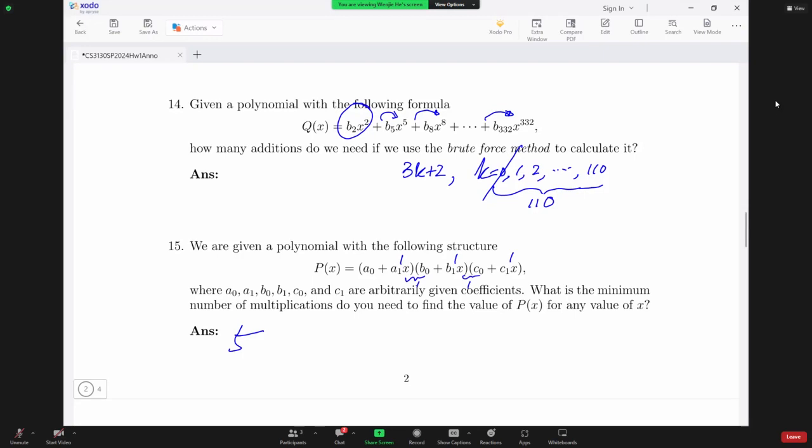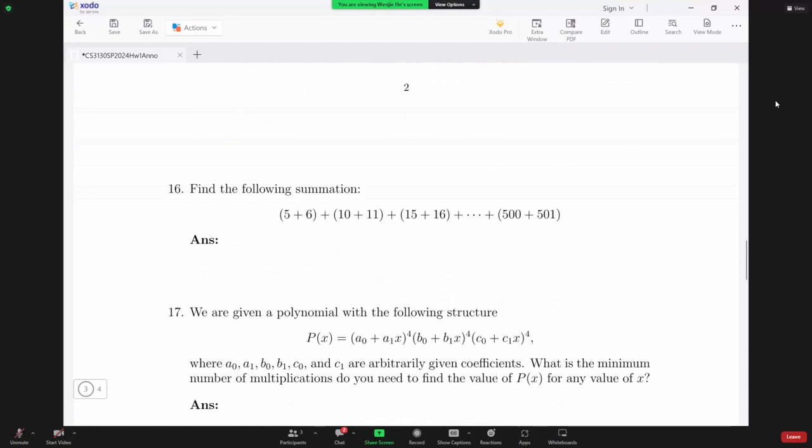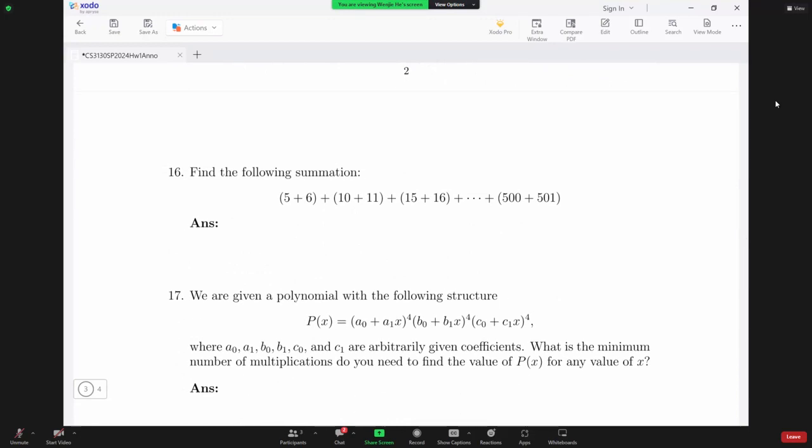So total 5. All right. Do not expand. Now number 16. Some simple formulas.